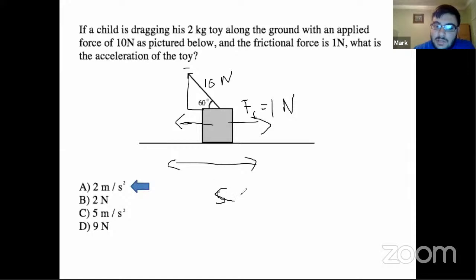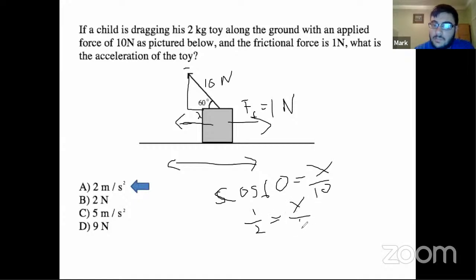Oh sorry, cosine 60 equals x over 10. That's because this is x, over 10 newtons, this hypotenuse, adjacent. We know that cosine of 60 is equal to 1/2. We simplify that: 1/2 is equal to x over 10. We solve, what is x? Well, x is 5.